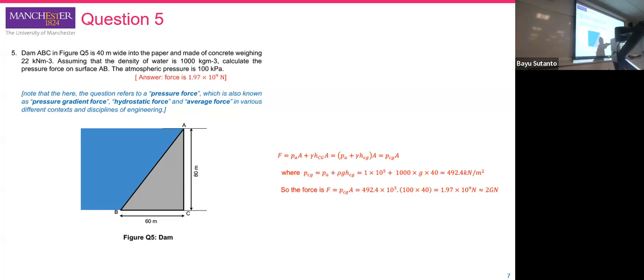So we use x_c. And the area is 100 multiplied by 40.